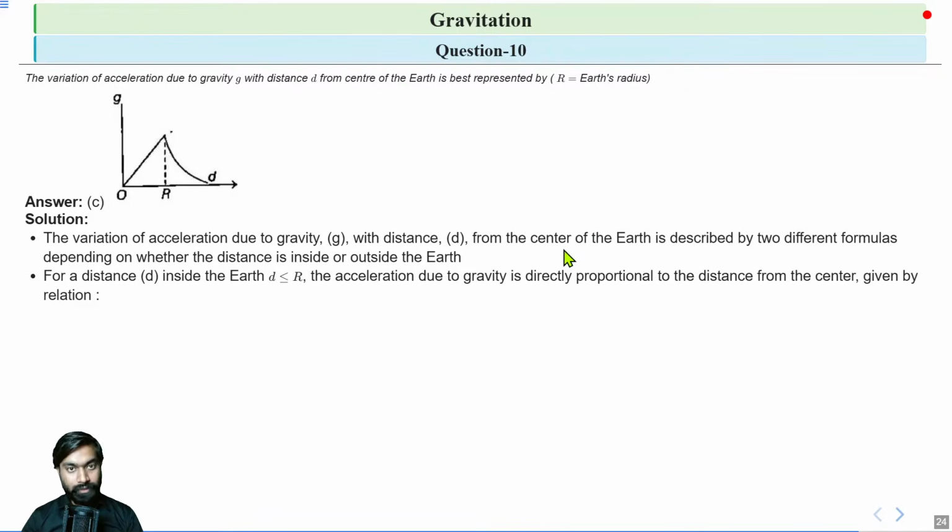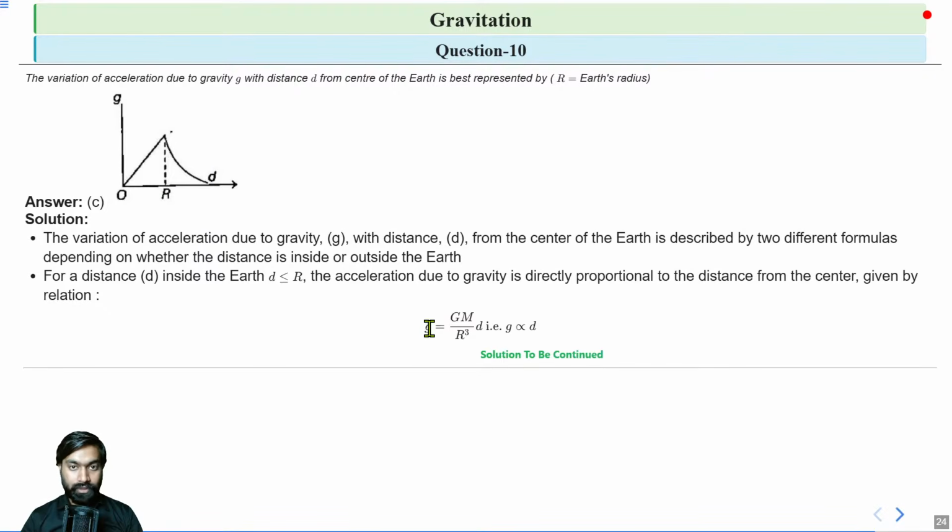So first case, for a distance d inside the earth, it means d is less than or equal to r, the radius of the earth. So the acceleration due to gravity is directly proportional to the distance from the center. So look here, from origin to this point, it is a linear graph, directly proportional.